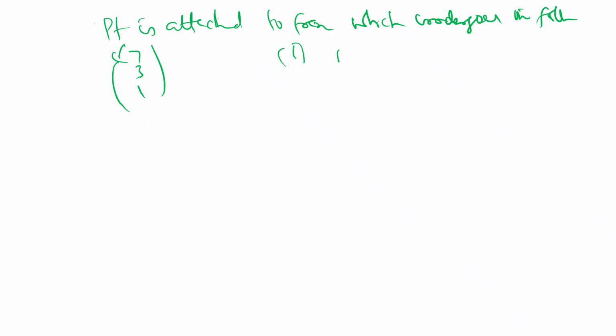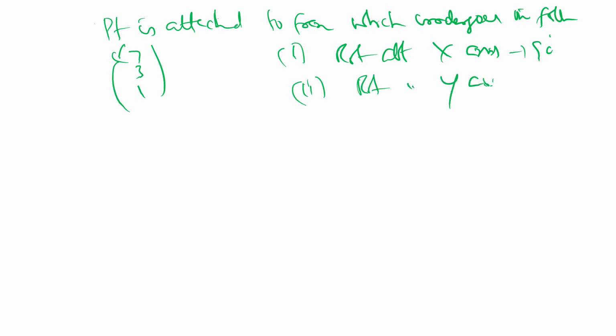What is the first thing? Rotation about the x-axis by 90 degrees. Then the second one is rotation about the y-axis by 90 degrees. Find the new coordinates, P new. Okay, this is the problem.